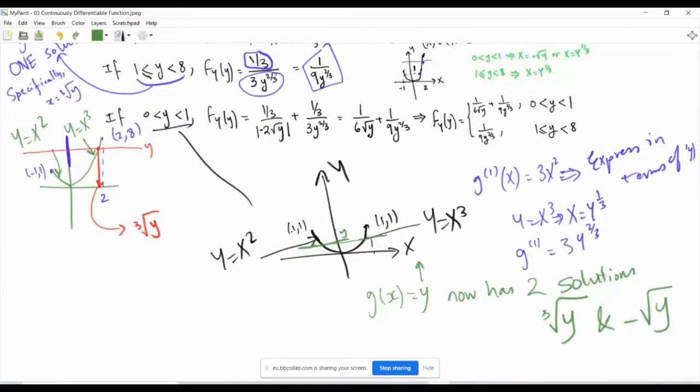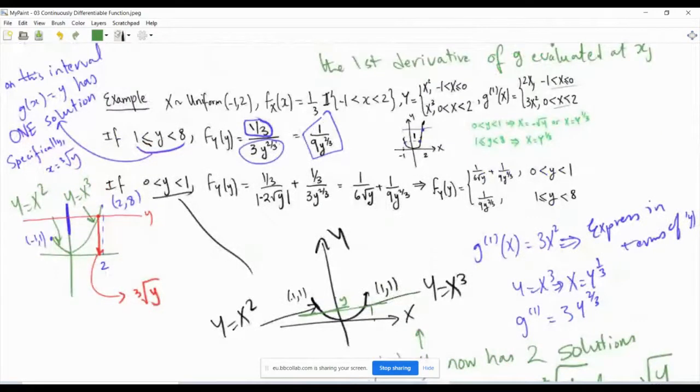We have two terms, and again the PDF here, because the random variable x is uniform, just gives you these constants 1/3, 1/3. But in the denominator, you need to find the derivative of the function evaluated at the solution, and you must use an absolute value.